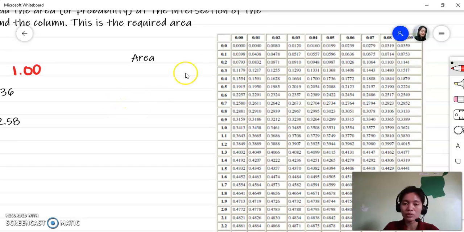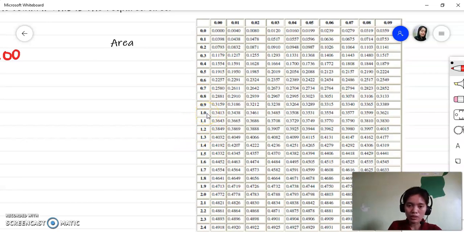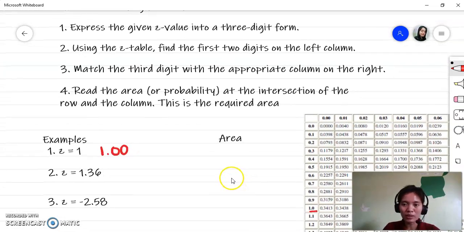You have 1 and 0 on the left column. Here is the left column, so look for 1 and 0. I can write on this table. Next, you match the third digit with the appropriate column on the right.